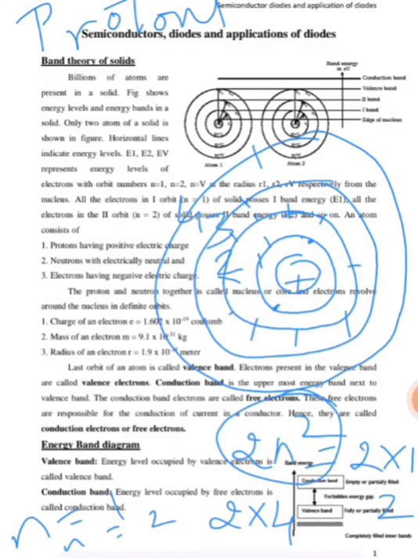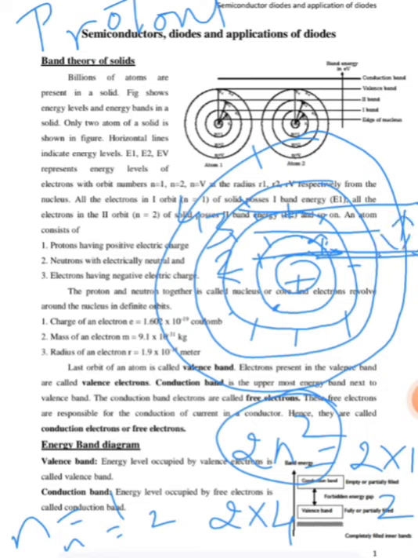And each atom will be having different energy level depending upon the orbit number and depending upon the bands. This is the edge of the nucleus. From here till here, the energy of an atom will be different. And from this region to the second orbit region, the energy will be different.